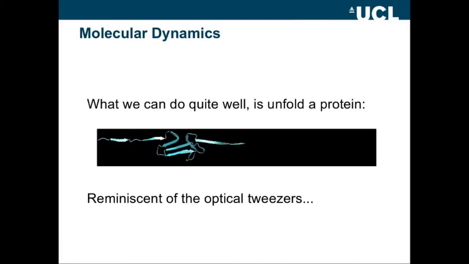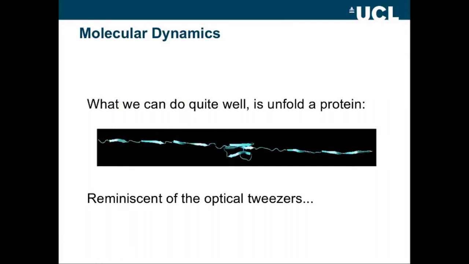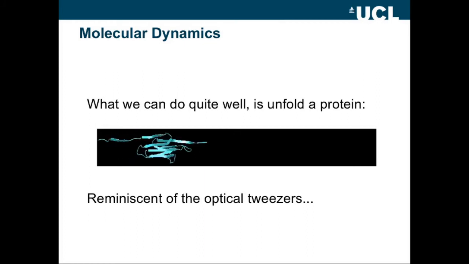What we can do quite well with molecular dynamics is unfold a protein. So what we do is anchor one end and then apply a force to the other end, just as we did in the real experiment with optical tweezers.